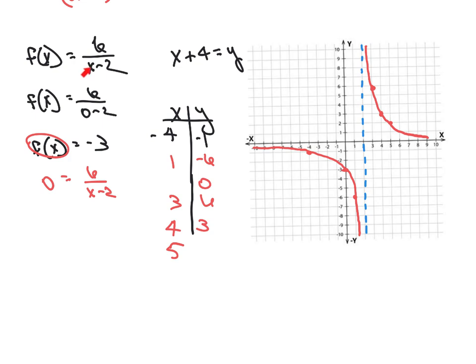And if it's an x, which it usually will be, it's going to be a vertical line going through that number that makes this undefined or 0. So it was a 2. And that tells you that your graph isn't going to cross that line. But when you make this XY table, you need to use numbers on the left and right of the blue dotted line to make sure you see that there's a graph here, and you also see what happens to the graph here, because 99% of the time there will be a graph on both sides of that line.